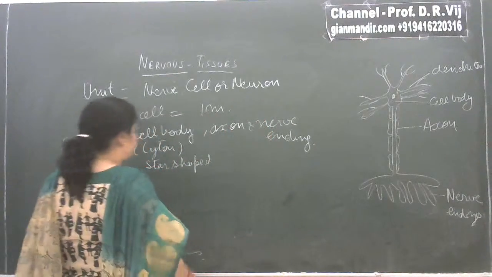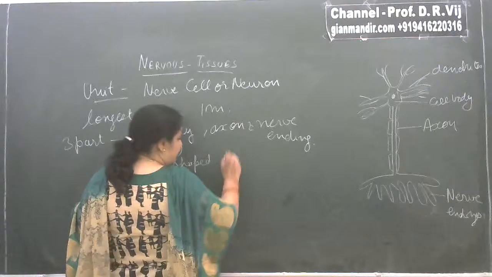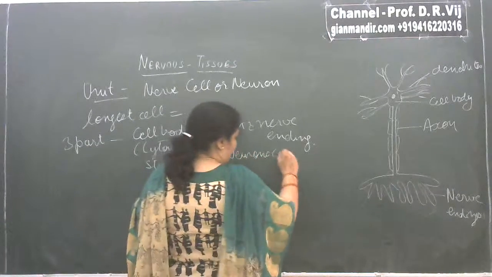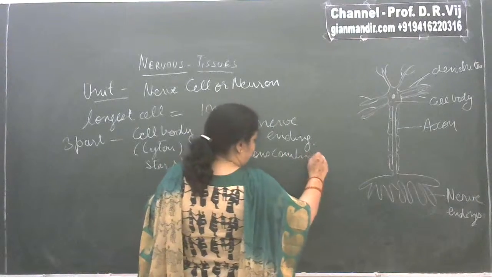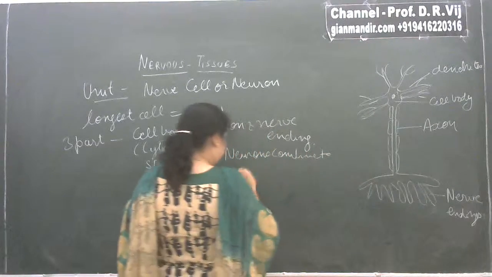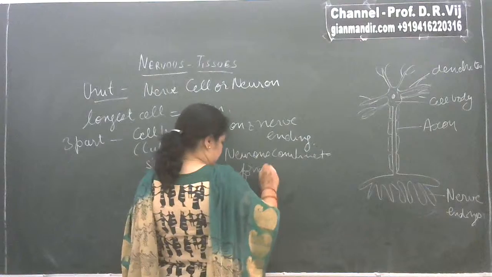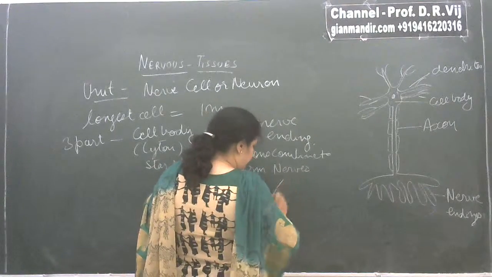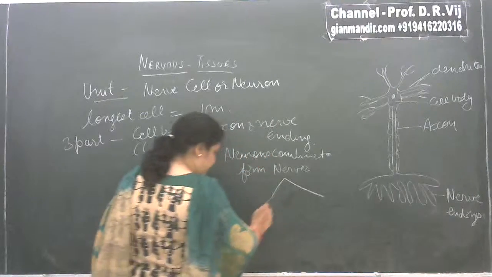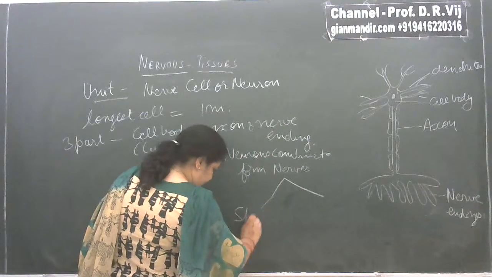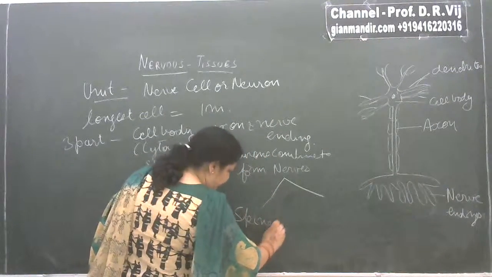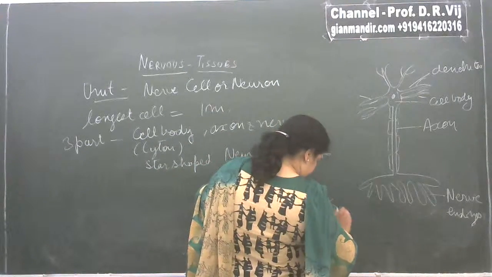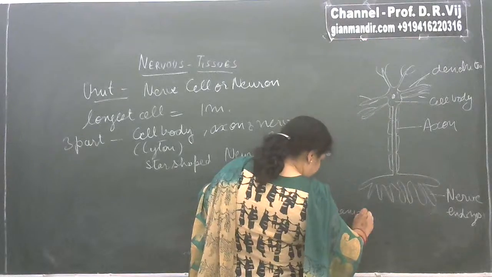So neurons combine to form nerves, and these nerves are of 2 types. One is spinal and the other is cranial.